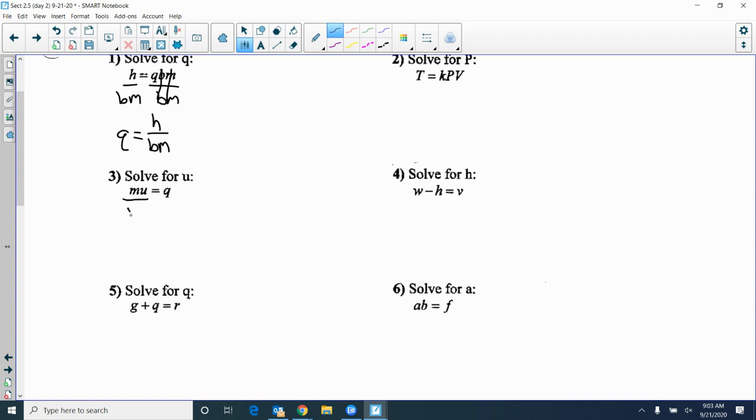Divide by M. If I do it over here, what do I got to do over here? Good. All right, now tell me what to write for my answer. I'm going to cross this out because those will cancel. U equals Q divided by M. Nice U, Mr. Schiller. All right, very good. U equals Q divided by M.